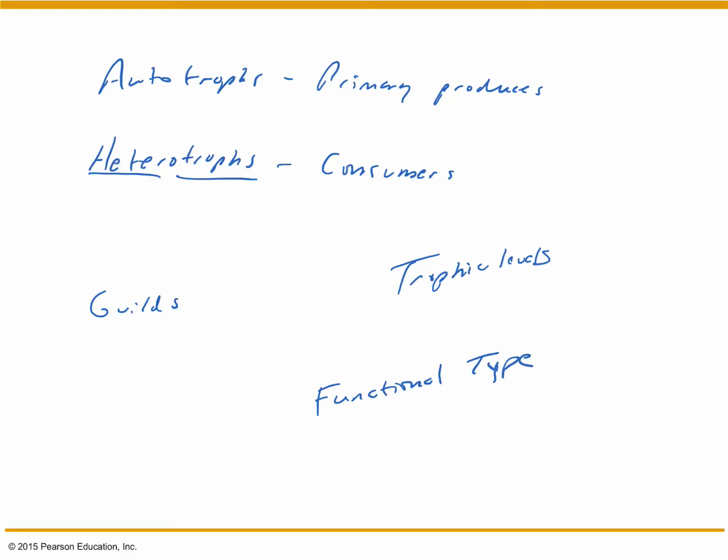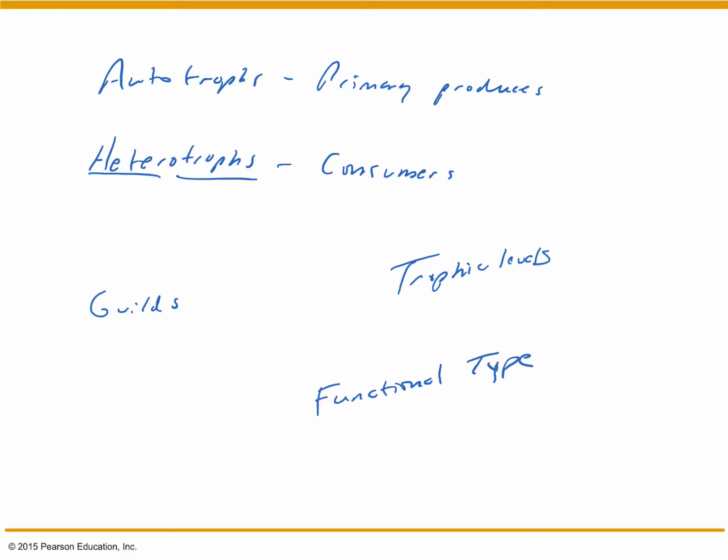This is a way to group species based on a number of different things. For example, their life history characteristics. You can group them based on their role within the community. You can group them based on how they respond to particular aspects of the environment. So a common response to the environment, for example.